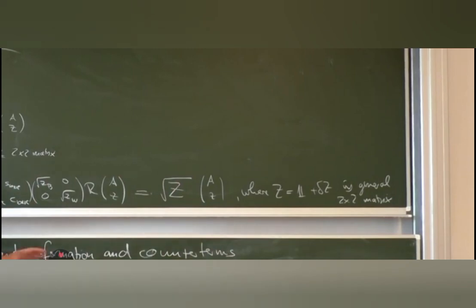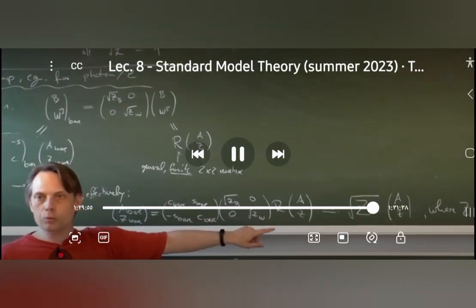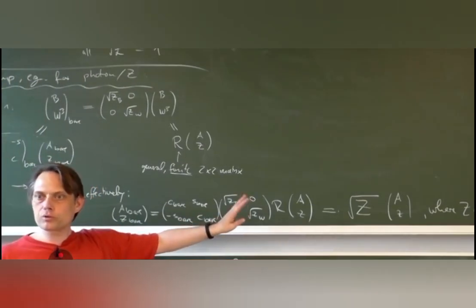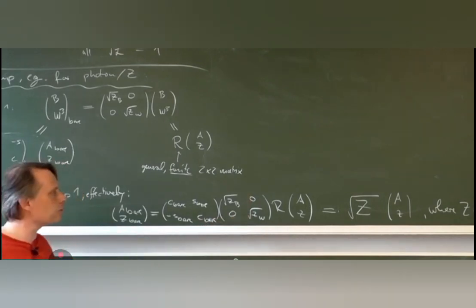And the comparison with the previous setup shows you something, and that is a little bit why I'm highlighting this. It shows you that the 4 different components of the delta Z matrix are actually functions of 3 divergent quantities. Therefore, there is one relationship between the 4 entries. So not all the 4 divergences are independent.